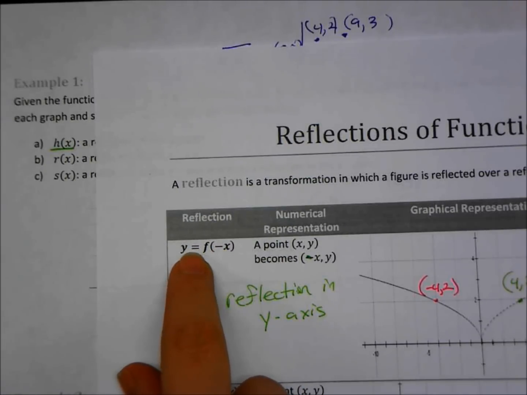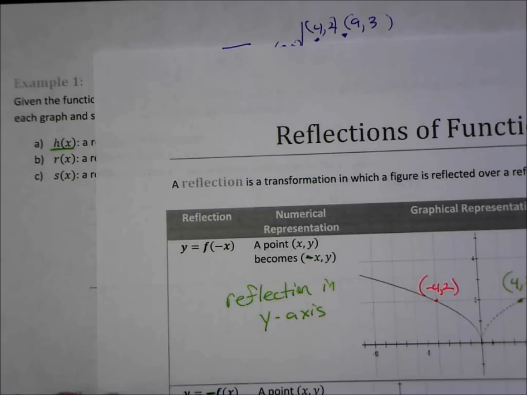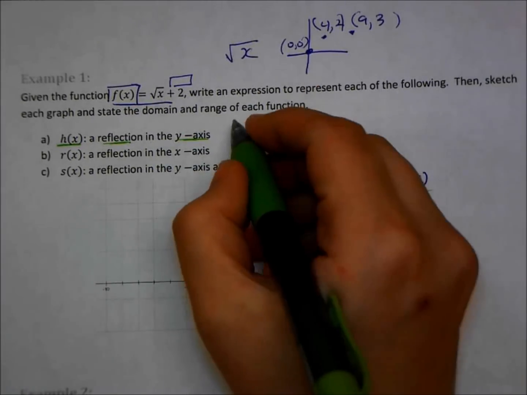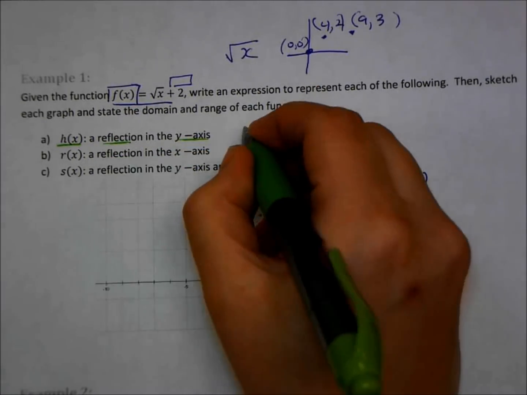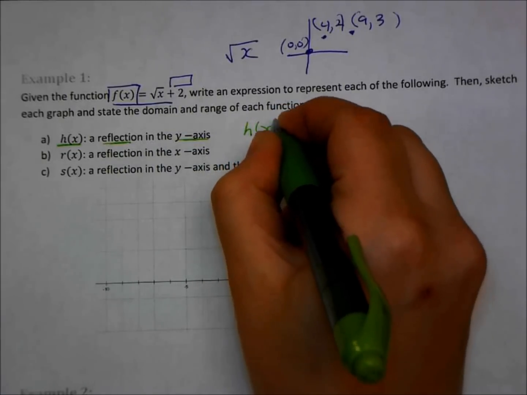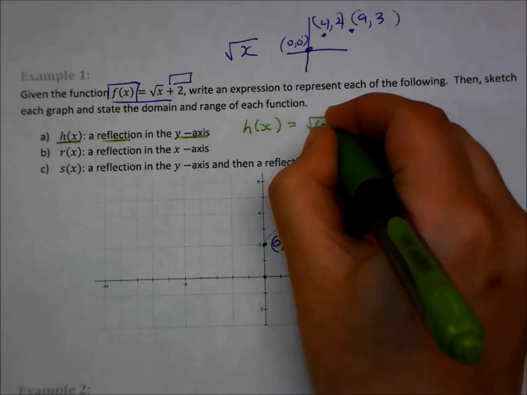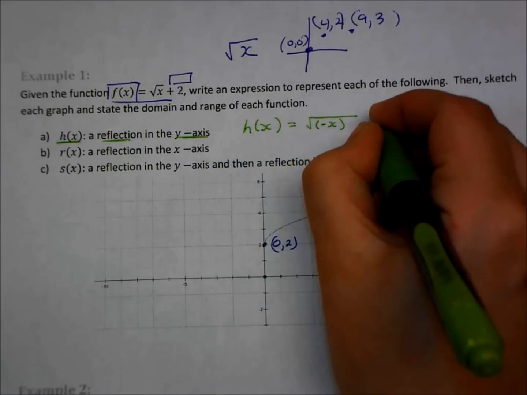Not a negative sign in front of the entire expression, one negative sign in front of every x. So that means that our new f(x), or h(x), is going to equal the square root of negative x plus 2.